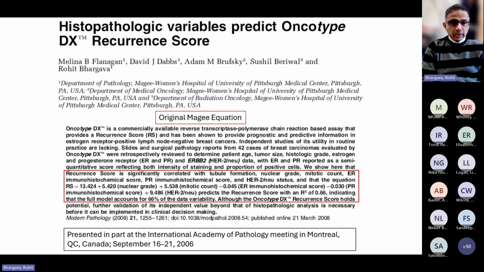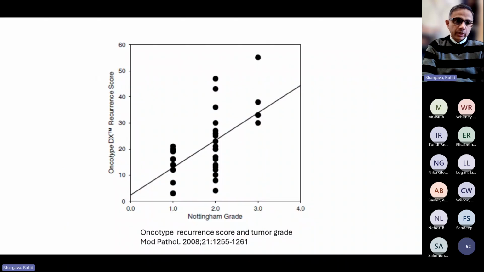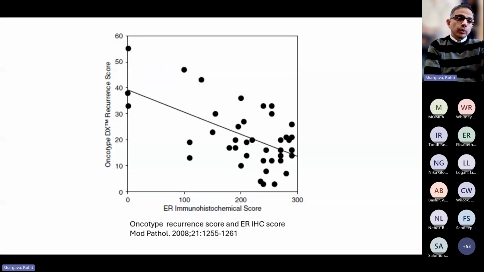That the routine histopathologic variables such as the ER, PR, HER2 status, or the H-scores, tumor grade, are predictive of Oncotype DX recurrence score. And even with this small number of cases, only 42 cases, we were able to show that Oncotype DX recurrence score directly correlates with tumor grade, and inversely relates to tumor hormone receptor content, the ER H-score or the PR H-score.